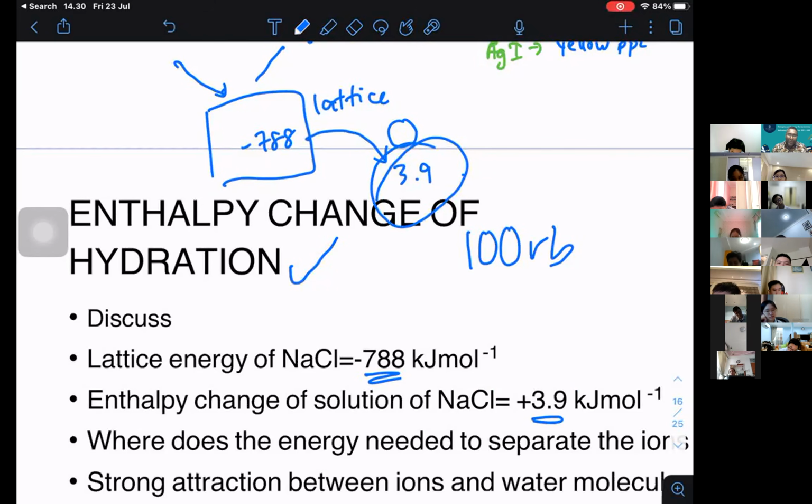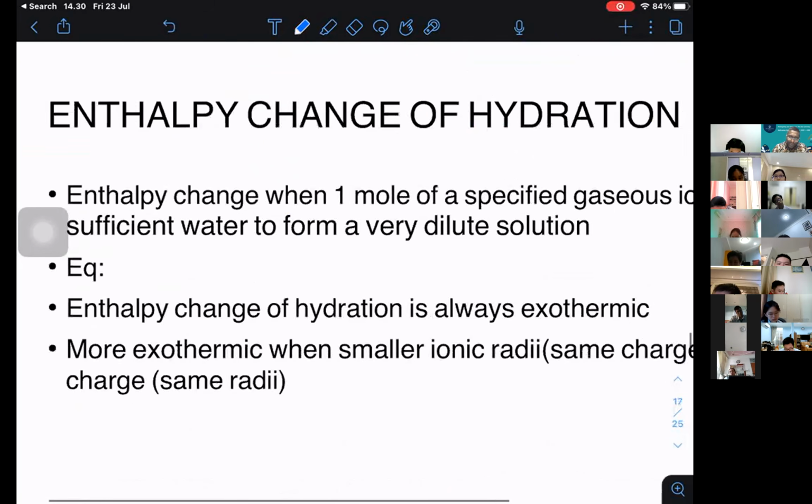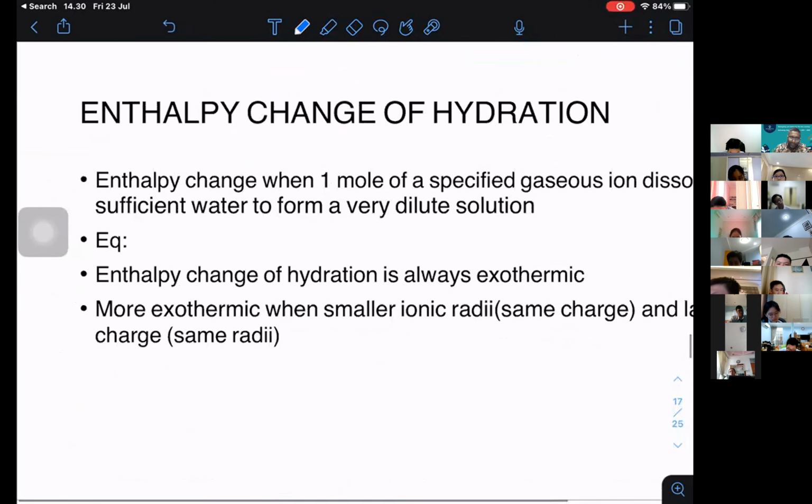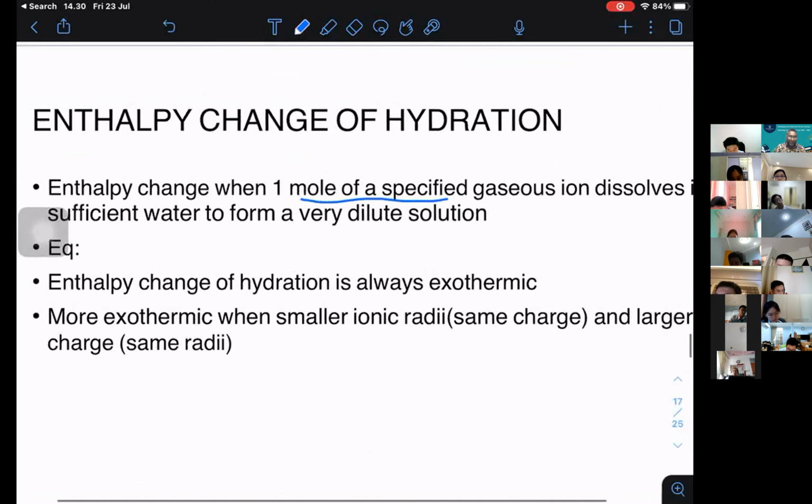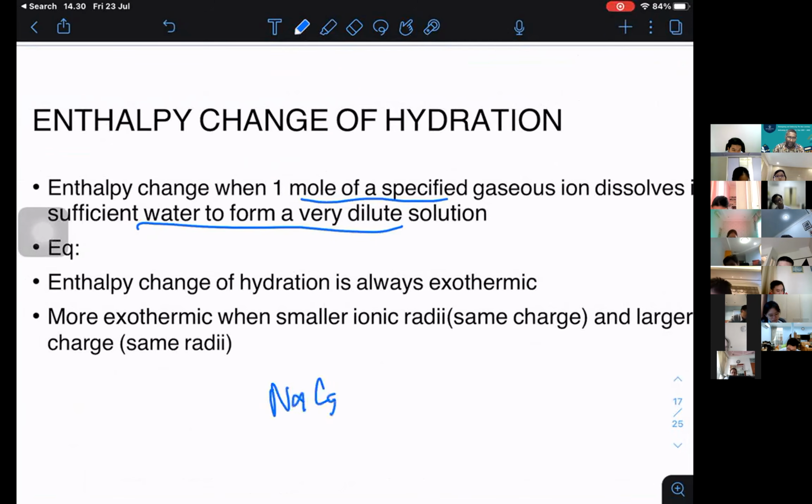So what is hydration? Hydration is the enthalpy change when 1 mole of specified gaseous ion dissolves in sufficient water to form a dilute solution. So it's like Na gas ion, you add aqueous and they become Na plus aqueous.